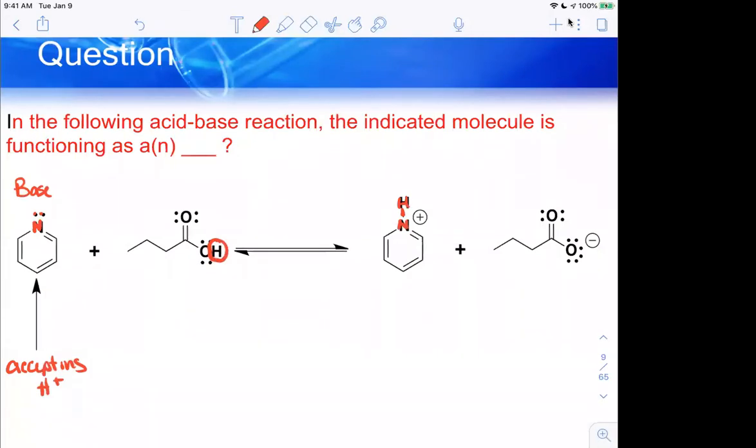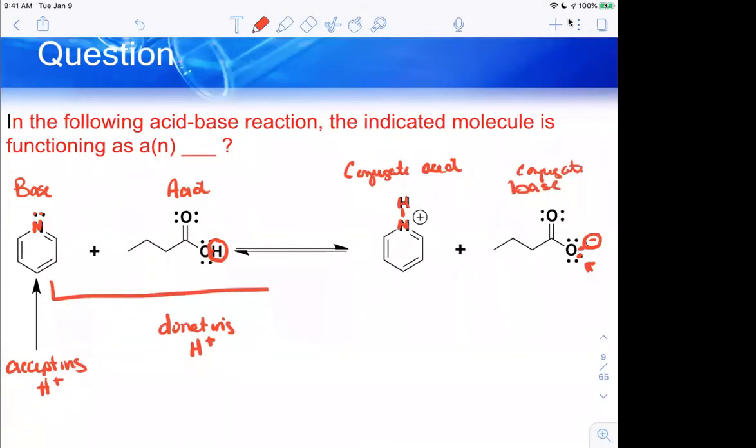This is the hydrogen that's being lost. So this is my acid because it's donating that H+. It leaves the electrons behind, right? Those electrons from this bond are still here, which gives it a negative charge. So this is the conjugate acid of the base, and this is the conjugate base of the acid.